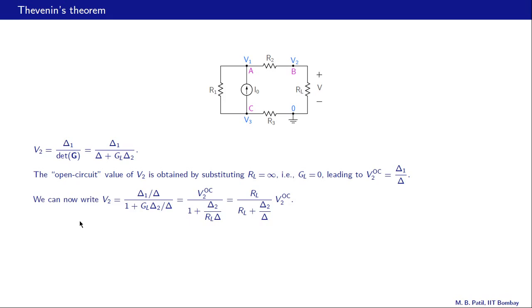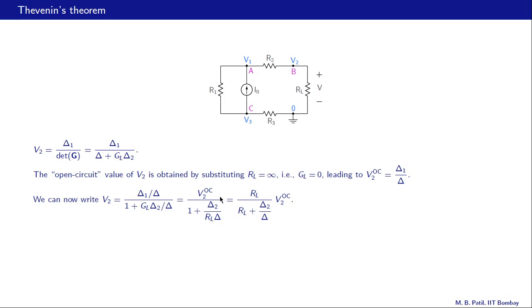We can now rewrite V2 by dividing both the numerator and denominator by delta. In the numerator we get delta 1 divided by delta. In the denominator we get 1 plus GL times delta 2 over delta. Now delta 1 by delta is nothing but V2 OC, V2 open circuit.